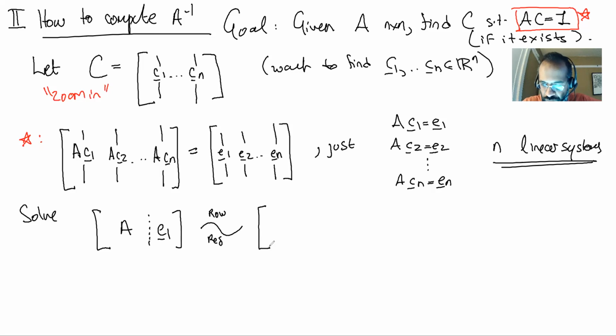And in the reduced row echelon form, what do the pivots have to be? Ones. So actually, this has to look like this. And then on the right-hand side, what do you get if that's your reduced row echelon form? You actually just get the solution.